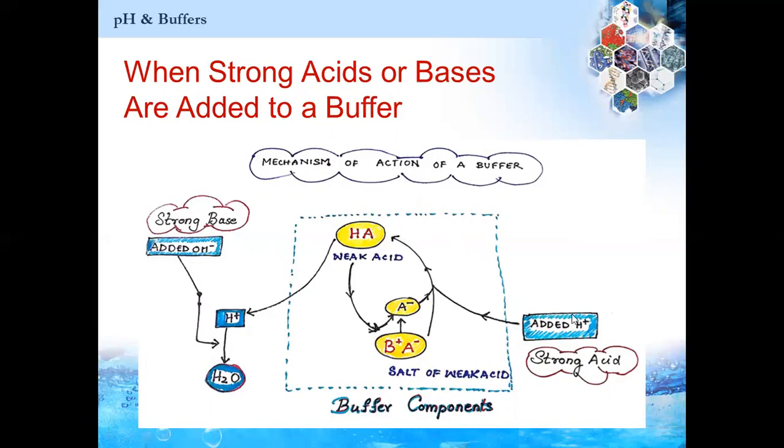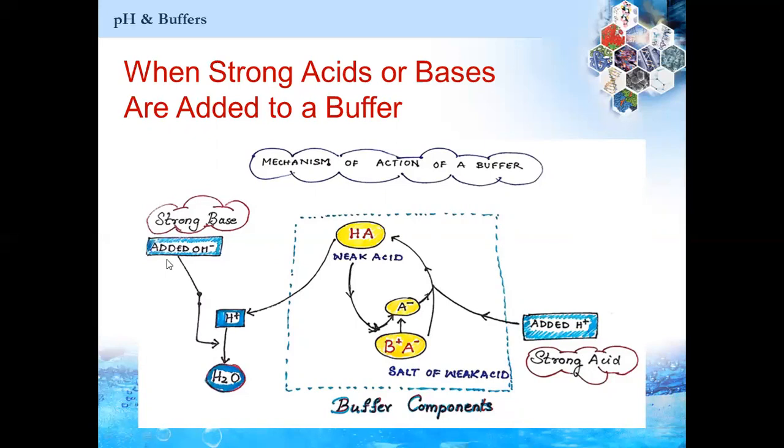So all the H+ ions which have been added to the medium from the strong acid have been neutralized by way of getting converted to a weak acid. So that means a strong acid has been converted to a weak acid, and that weak acid has become a component of the buffer. So there will not be any change in the pH of the cell.